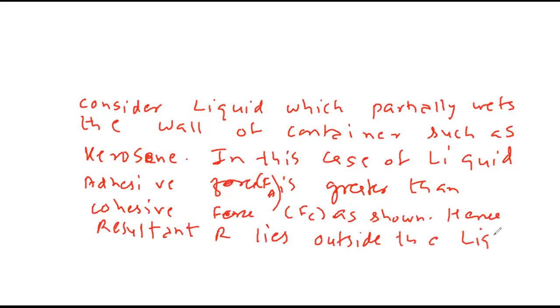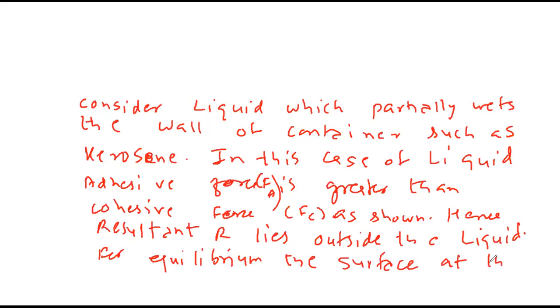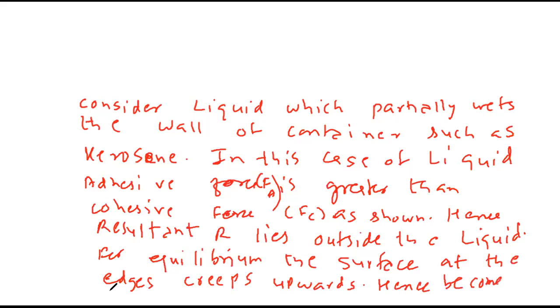For equilibrium, the surface at the edges creeps upwards, hence becomes concave as shown. Just write this much, then I'm showing in the diagram how it is becoming concave.